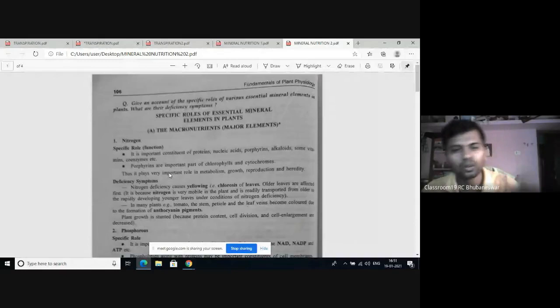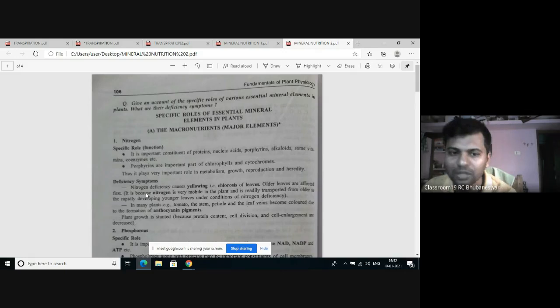In an examination the question can be: what are the macronutrients, discuss the deficiency and symptoms. First you write about the specific role, that is, the function of these elements in the plant. For example, nitrogen is an important part of protein, nucleic acid, porphyrin, alkaloids, chlorophyll, etc. Then always give more focus to the deficiency symptoms.